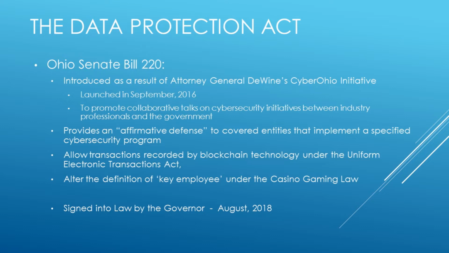That's a first here in Ohio. The bill also alters the definition of the key employee under the casino gaming law. Now, this Ohio Data Protection Act was signed into law by the governor this past August 2018. Today, we will just focus on how it relates to small business. So we may not talk about the blockchain part nor the altering of the definition of a key employee.